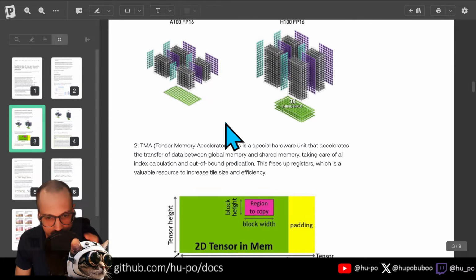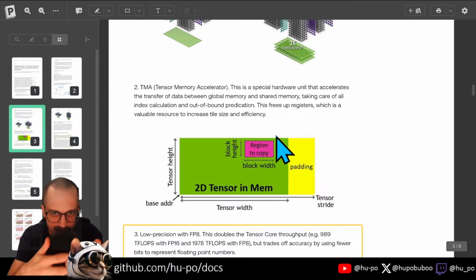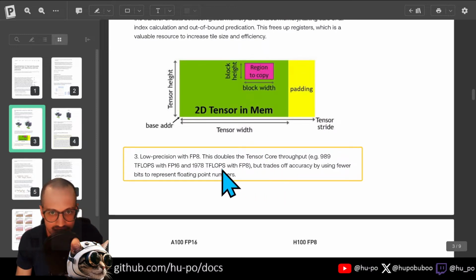Because these GPUs are very complicated systems that store intermediate values in memory caches, which are ordered differently with respect to the actual tensor cores. Not only that, but they have different levels of precision, right? Here, for example, they talk about low precision FP8, floating point 8, versus FP16.